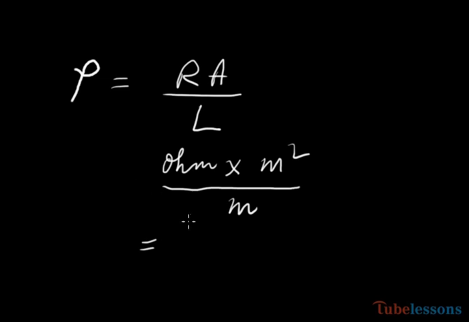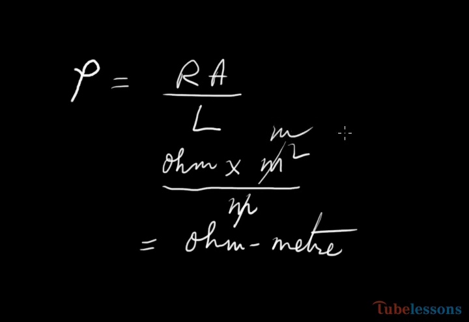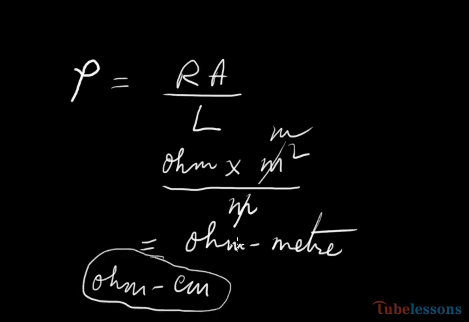So this equal to ohm meter. So the unit of resistivity is ohm meter. Similarly, it can also be ohm centimeter. If the area of cross section and length are taken in CGS system, then it will be ohm centimeter. So in SI it is ohm meter, in CGS it is ohm centimeter. These are the units of resistivity.